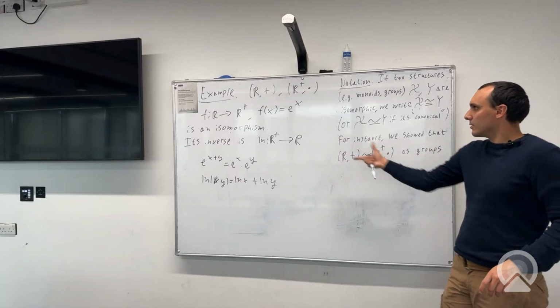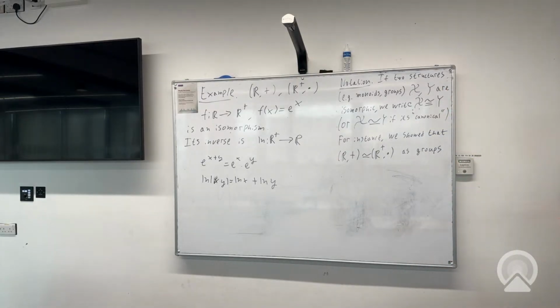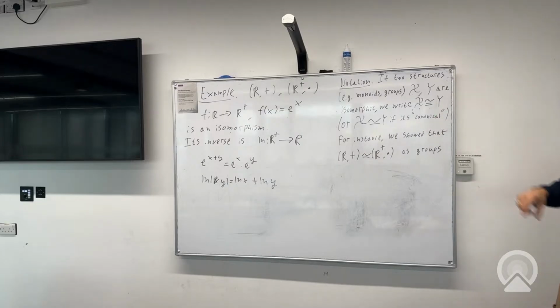So this here is the statement of this. For things to be isomorphic, there needs to be at least one isomorphism. Okay.